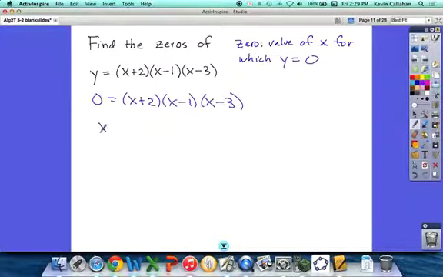So what values of x are going to make each one of these factors equal 0? -2, 1, and 3, right? If you have to, you can make an equation, x plus 2 equals 0, and solve. But you should be able to see a 1x plus or minus a number just by inspection. -2 plus 2, 0. So the answers are -2, 1, and 3.